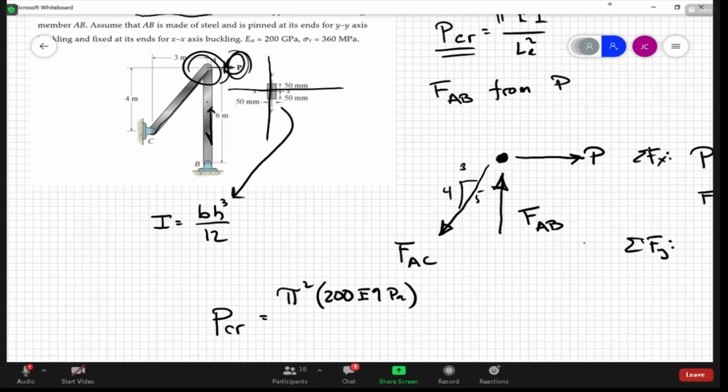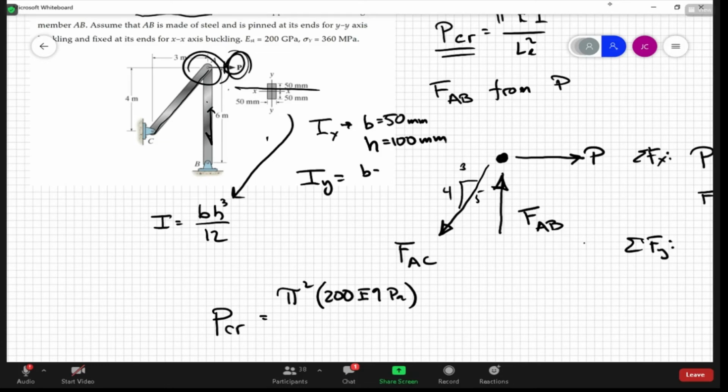You're saying let's do the I for bending around the x-axis. That's where the base is 50 millimeters and the height is 100 millimeters. For the I about the y-axis, the base is 100 millimeters and the height is 50 millimeters.